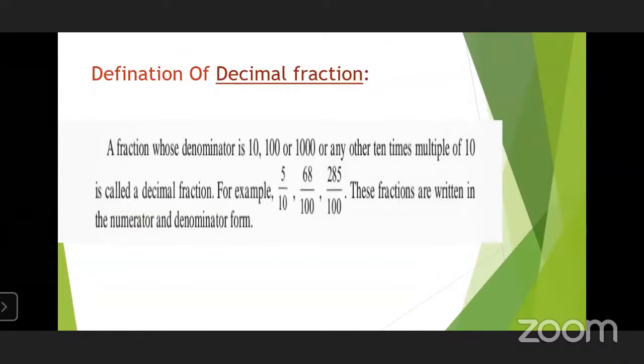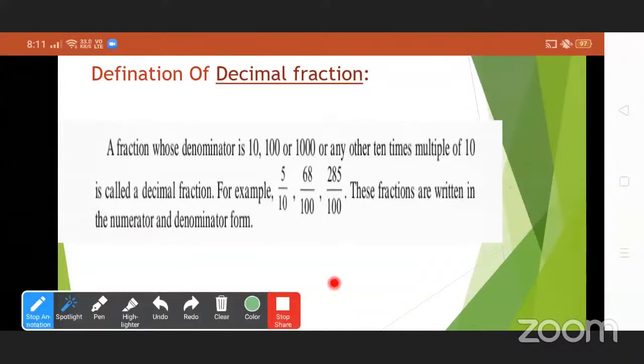Okay, now see the definition of decimal fraction. A fraction whose denominator is 10, 100 or 1000 or any other 10 times multiple of 10 is called a decimal fraction. For example, 5 upon 10, 68 upon 100. See, 5 upon 10, here the denominator is 10. And 68 upon 100, the denominator is 100.